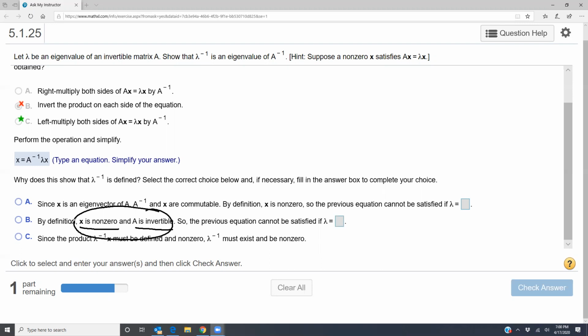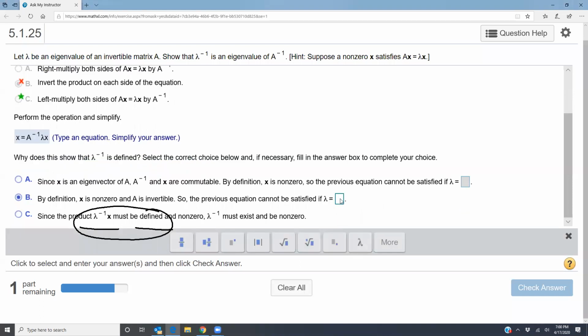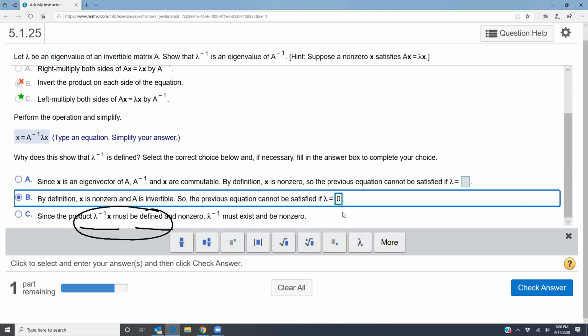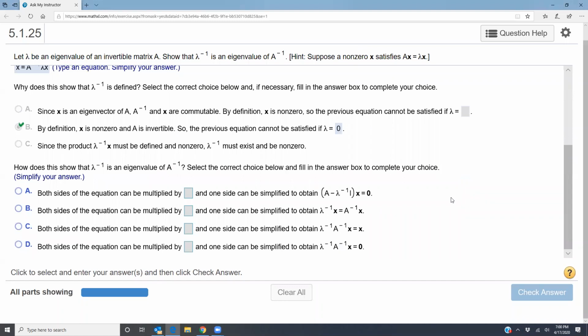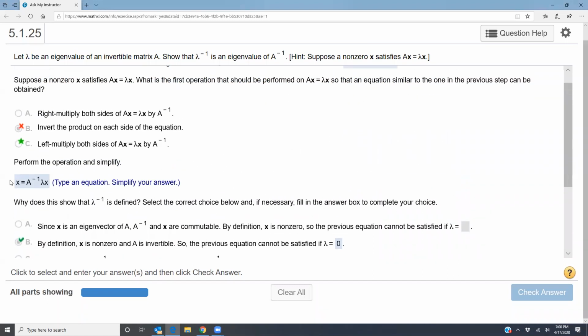We're going to select option B, because by definition, x is non-zero since it's an eigenvector, and A is invertible. We were told that. So what that means is that the previous equation cannot be satisfied if lambda equals 0. Because x is non-zero up here, and so lambda has to be non-zero as well.